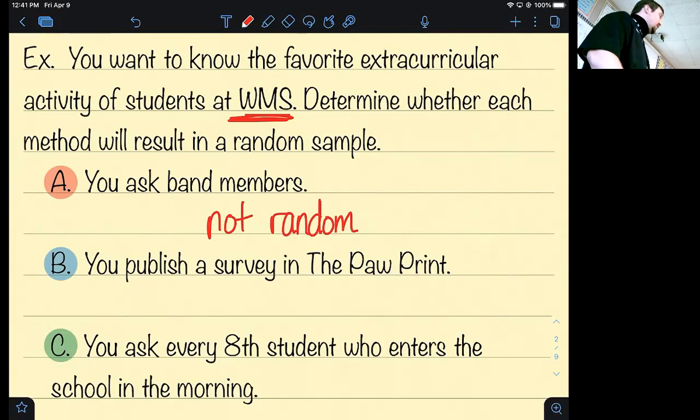Okay, you could make that argument, but everyone could read it. So I'd say this is random. You didn't exclude anyone. I'm not charging $5 for a copy and then just asking the kids that bring $5 in what their opinion is. All right, everyone has a chance of reading it.